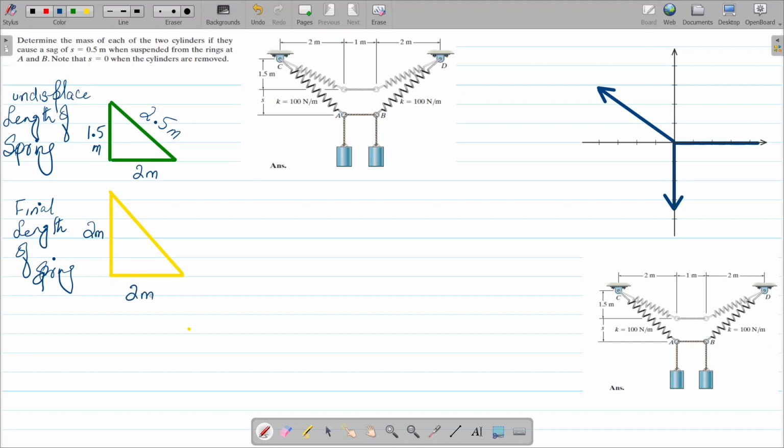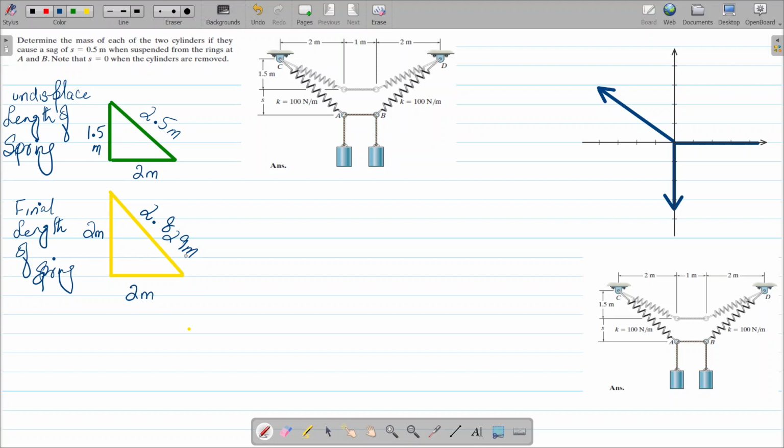So again, from the Pythagoras theorem, we can easily calculate this length. The hypotenuse will be 2.829 meters. So now we have the initial length and we also have the final length. Now we can calculate how much the spring deforms when the load is being applied at A and B.